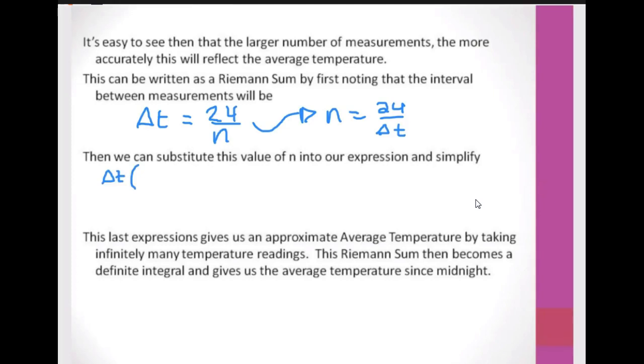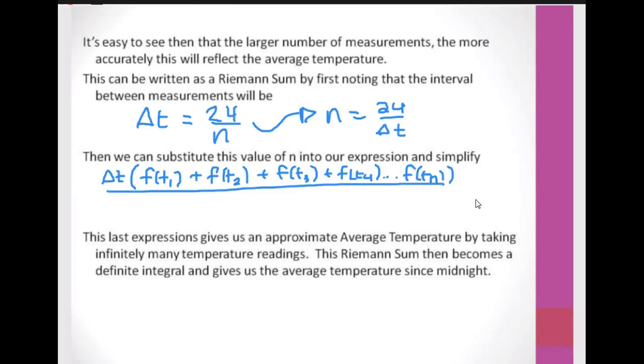And then you would sum up all of your times, and then you would divide that by your total number.